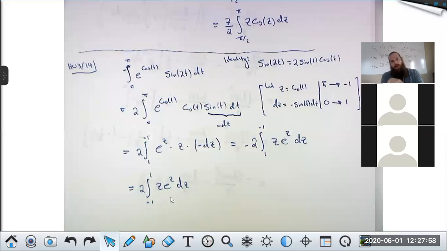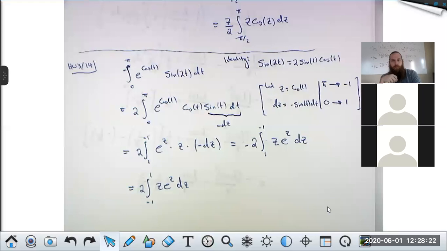This is not an odd function, nor is it an even function. So if this were an odd function, then I could say that the integral is 0 by symmetry. But unfortunately, the e to the z piece ruins any even or odd arguments. So I'm not aware of any solutions via symmetry here, at least not quick ones.